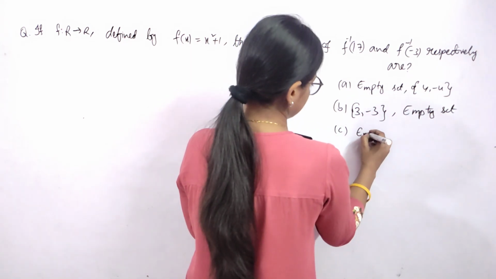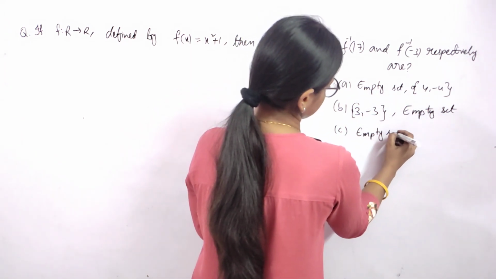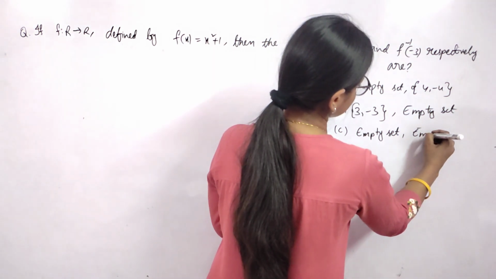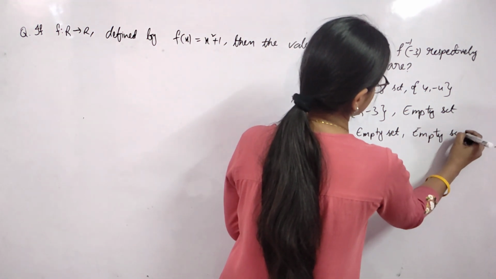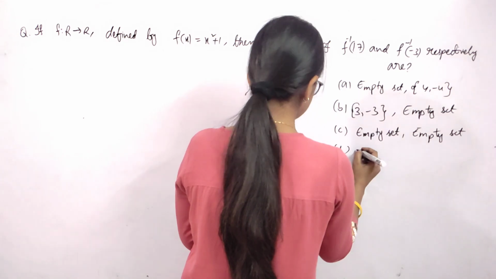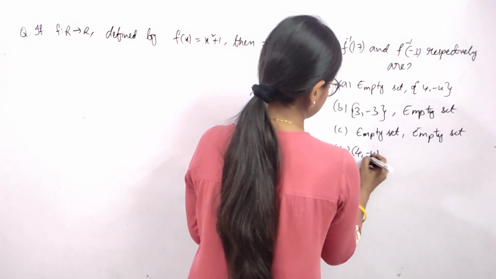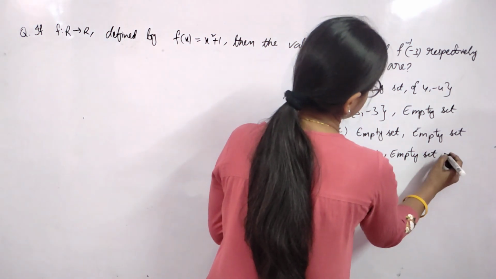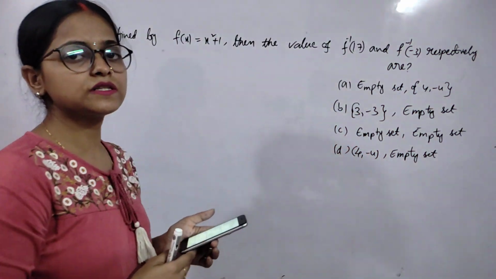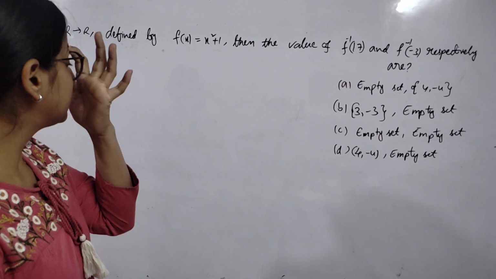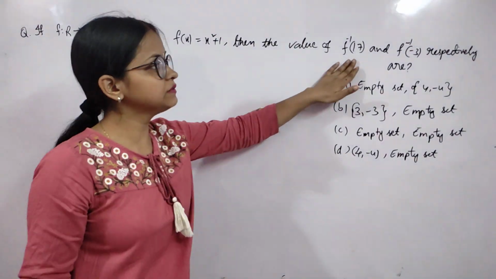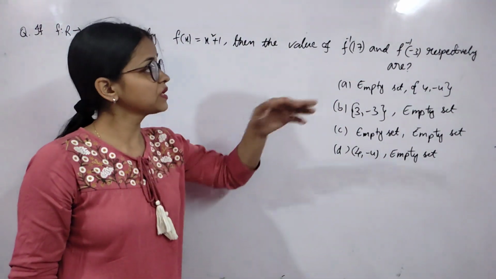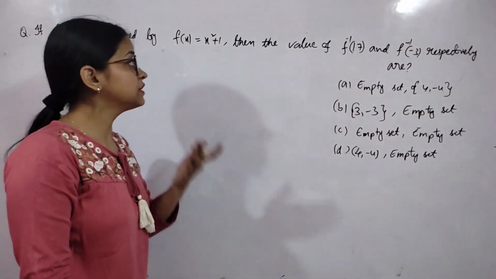C is empty set, and D is empty set. Okay, so these are the given options. They have given the f of x value and we have to find f inverse of 17 and f inverse of minus 3.